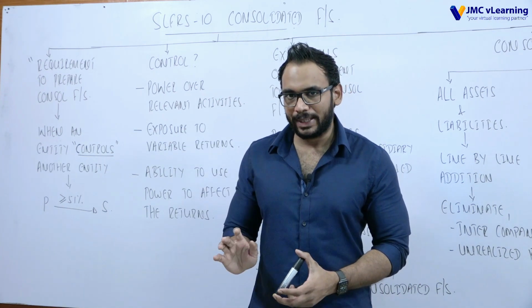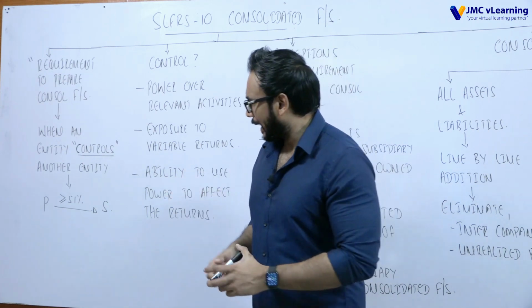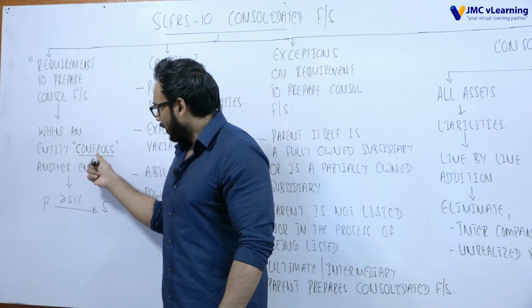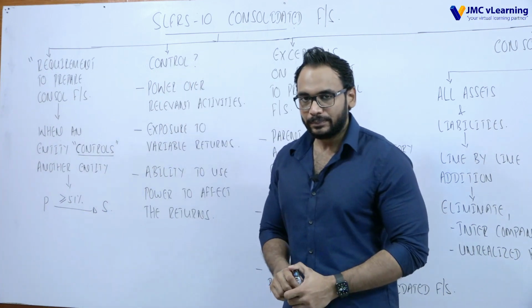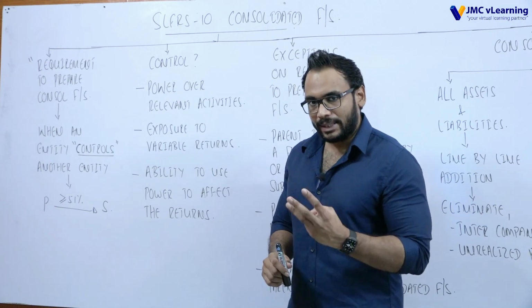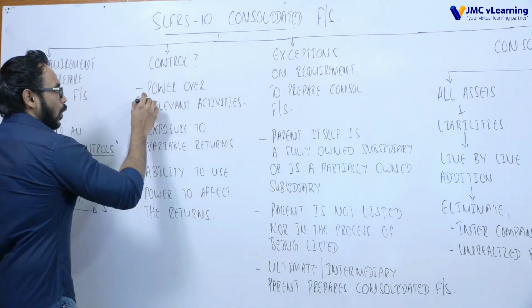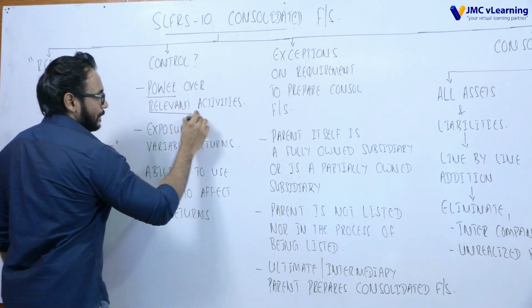There's no such requirement. There are a few exemptions, we'll go through that. But before that, let's delve a little bit into what you mean by control, right? So what we mean by control is 3 things. You should have power over relevant activities.